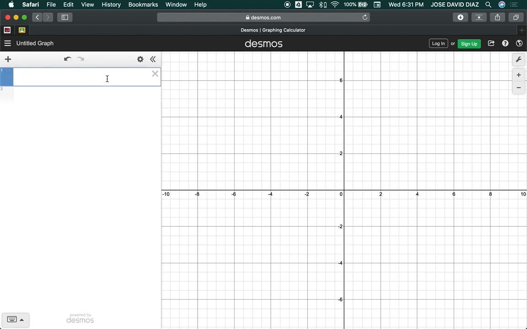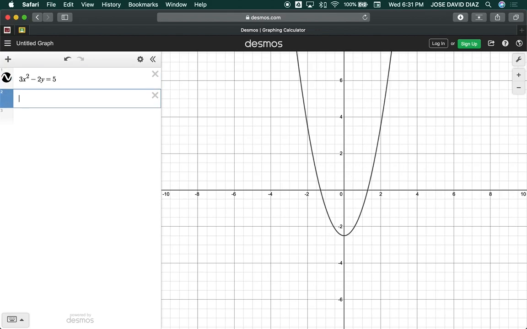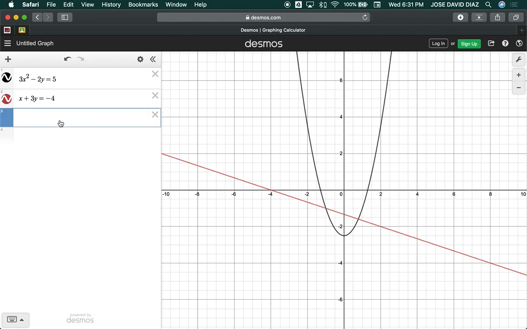So therefore 3x squared minus 2y equals 5. And the second one is x plus 3y equals negative 4. So those are my two answers. Now, if I want to double check that this is correct, Desmos does a really good job.